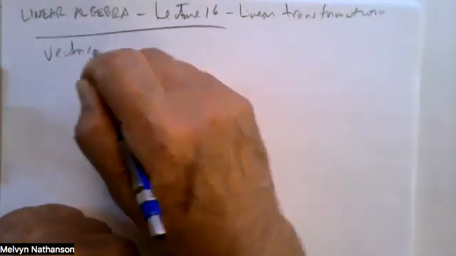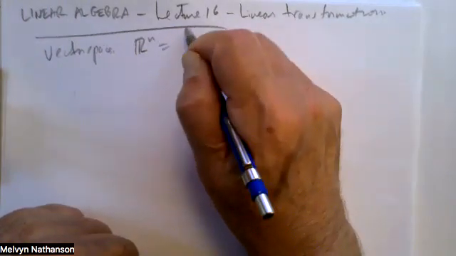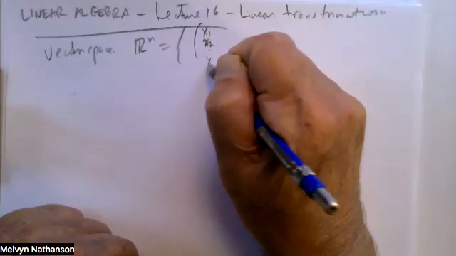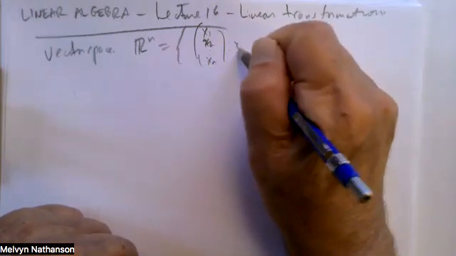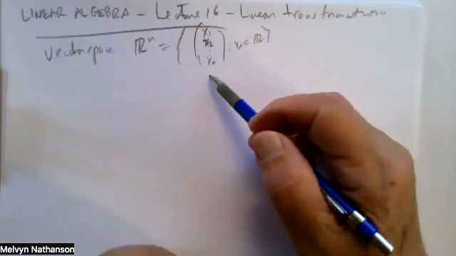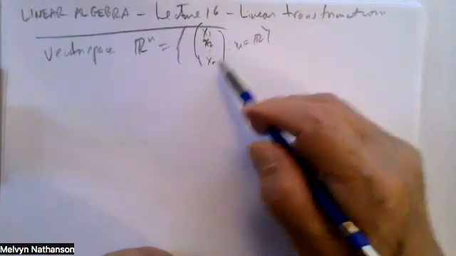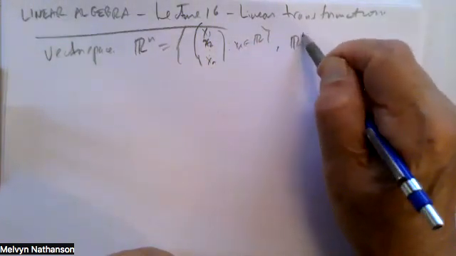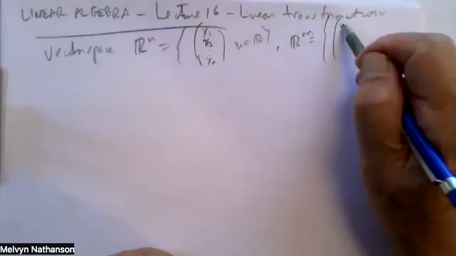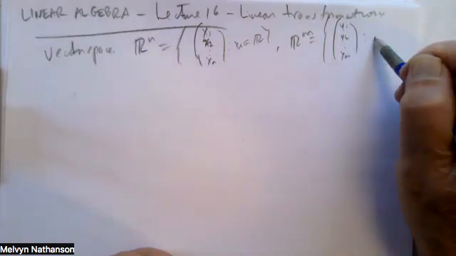So we're familiar with the vector spaces Rn, all n-tuples of coordinates, all column vectors with dimension n, and Rm, which is the set of all column vectors with m coordinates, dimension m.